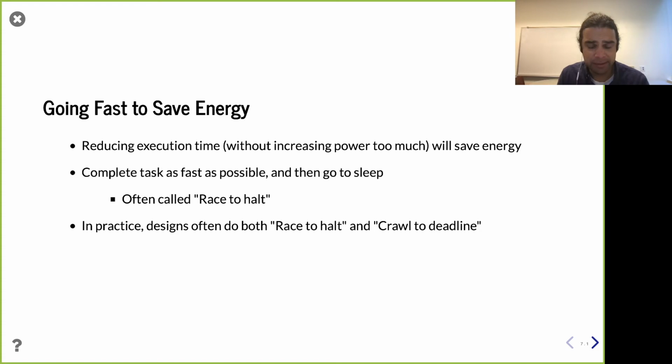And if you look at a design, you realize that in common practice you do both approaches, depending on what you're dealing with, right? So if you go back to that scenario I gave you a second ago about a smartphone playing a video, you will see a little bit of both, depending on which portion of the system you're talking about. You think, oh yes, I'm watching a video at 60 frames per second, my smartphone's busy and active, right?